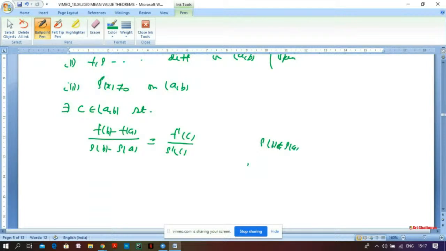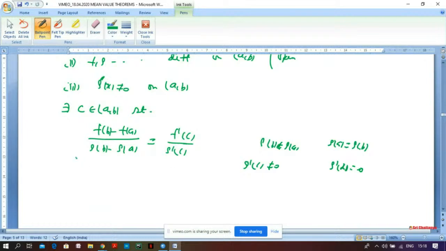I just told you g′ is never 0. In fact, that will follow: if g(a) were equal to g(b), then by Rolle's theorem, between a and b there would be some point c such that g′(c) is 0. But no, g′ is given never 0. So g(a) is not g(b).